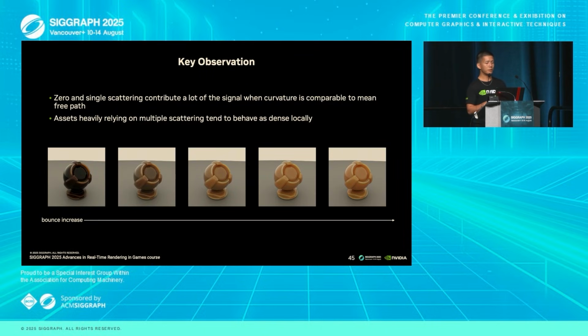During our development, we noticed something very important about subsurface scattering in typical assets. Looking at those renders with different bounce counts, going from 0 to 1 bounce makes a really huge visual difference, capturing most of the character. But adding more bounces often yields diminishing returns. It just softens and saturates the look a little bit more.